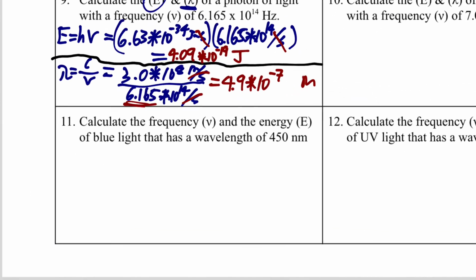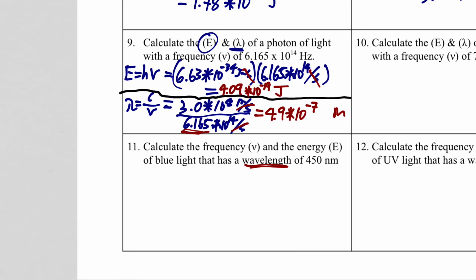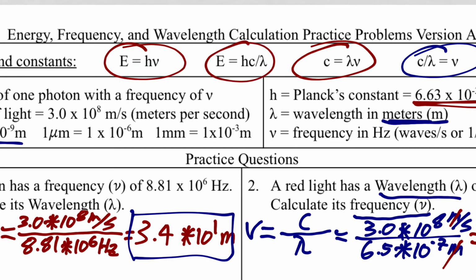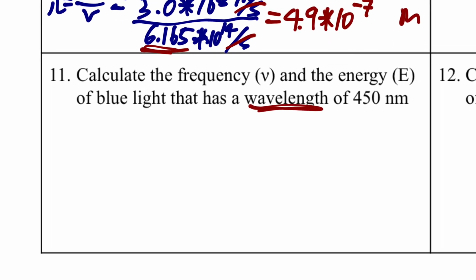But what you want to do for 11 is instead of that, you're given wavelength. So the two equations that you will be using are E equals h, Planck's constant, times the speed of light, c, divided by lambda, which is the wavelength. So it's going to be E equal to hc over lambda.